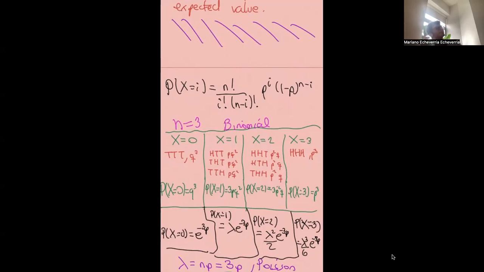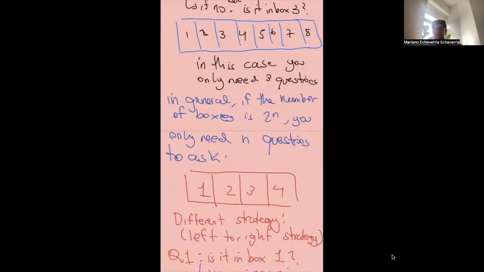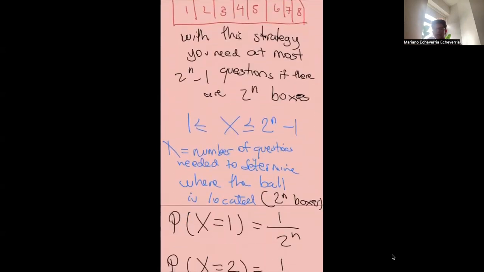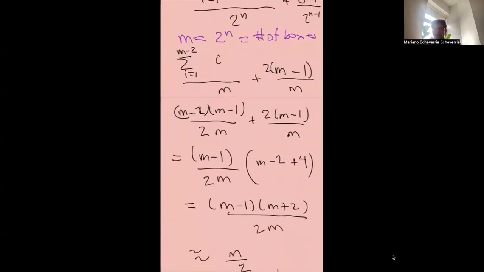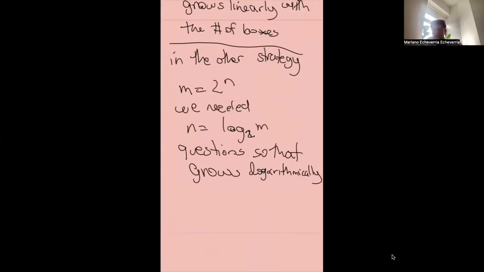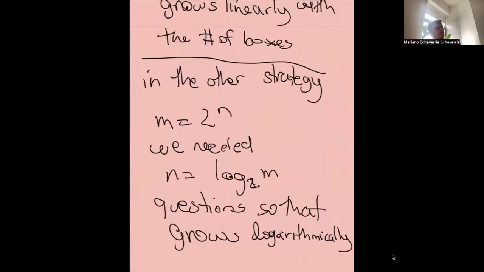Maybe if we have extra time, I'll tell you more about that. It's a nice concept. For now, I just wanted to give you this example because it's a fun game where you can see how to use random variables and expected values to compare certain things. If we have time, I may tell you a bit more about entropy later on.